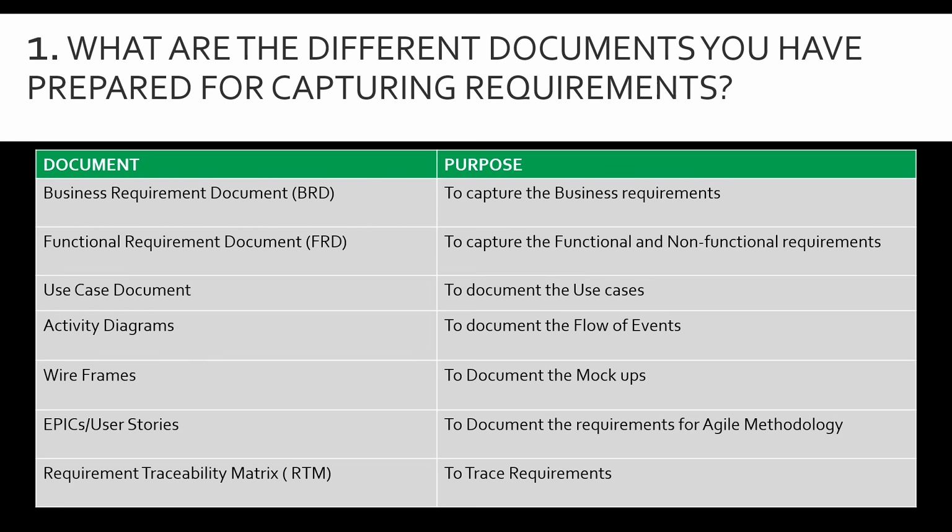All the use cases, activity diagrams and wireframes are converted into supporting models, and they are attached to the user stories or the epics to provide more context and better understanding of what is required to the IT team so that they can build it accordingly. And the last common one which is used is the RTM, which is the requirement traceability matrix.